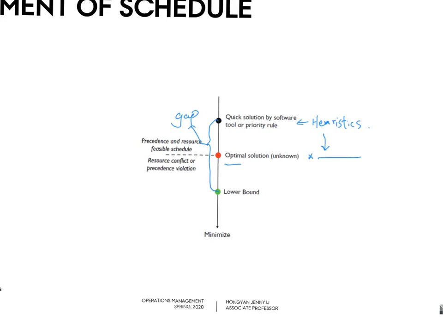In our project scheduling example, I have the data here. The optimal solution is 25 days. For the lower bounds, the critical path-based lower bound is 17, and the resource-based lower bound is 19.